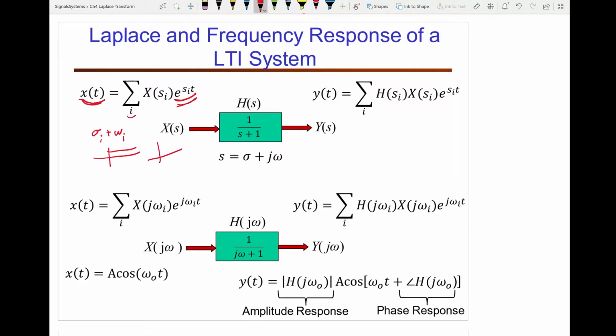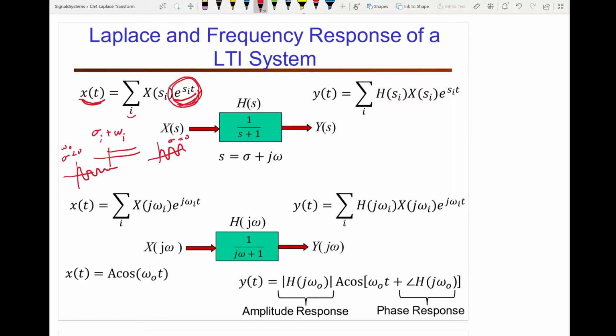You can have just oscillation with no decay, if sigma is 0. This also can be a sinusoidal with a decay. In this case, sigma is less than 0 and omega has some value.